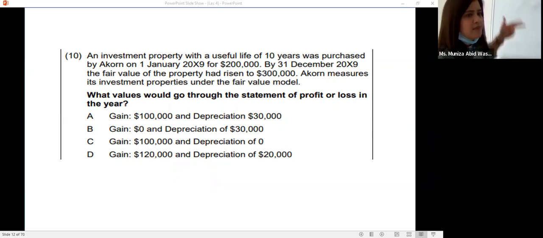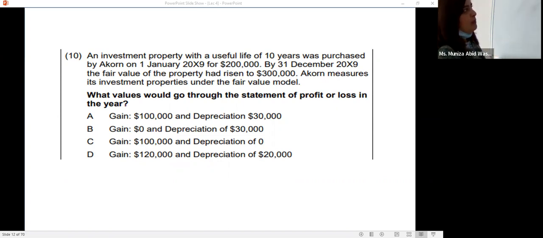Students, it's investment property. So if there is a gain, there is a gain. Can you see that there is a gain on revaluation? Where are we going to report that gain? Statement of other comprehensive income, statement of profit or loss. Under IAS 40, the revaluation gain will be reported in statement of profit or loss.